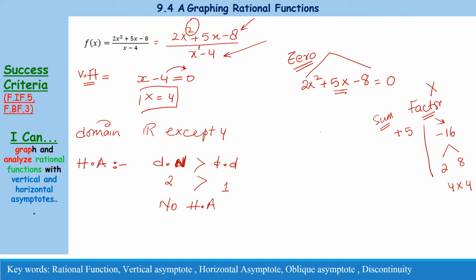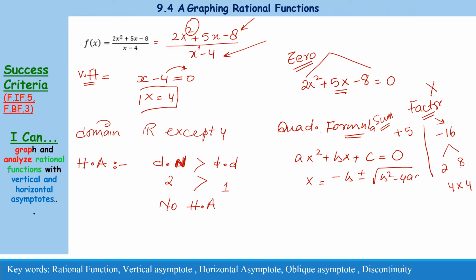Now second thing I should know about is the quadratic formula. So if you remember, ax squared plus bx plus c equals 0 is the quadratic equation. Then x equals minus b plus minus square root of b squared minus 4ac upon 2a.